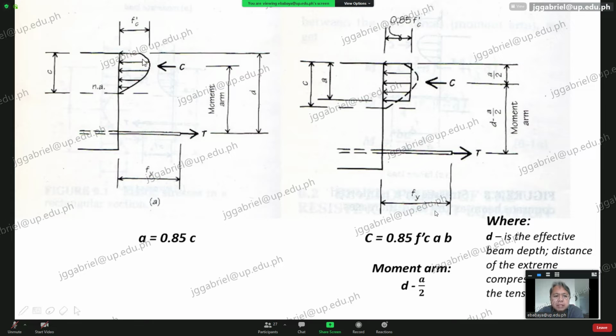I still call it a block because this is projected to b, the width, but it's not shown in this drawing anymore. Don't be confused if I mention block. Pag sinabi kasi yung block, that's 3-dimension. So ito 3-dimension yan eh. 0.85 f prime c times a times b.